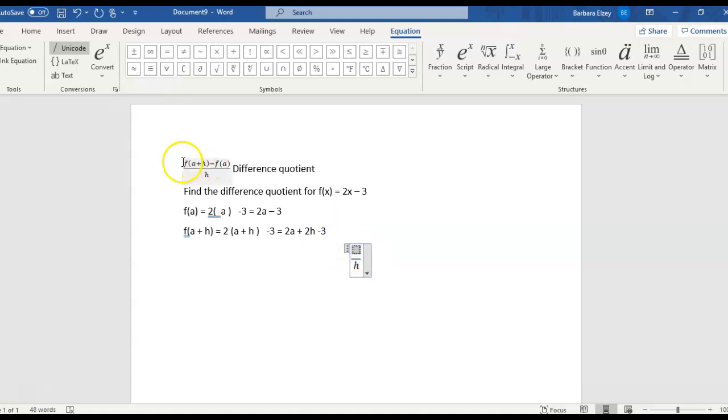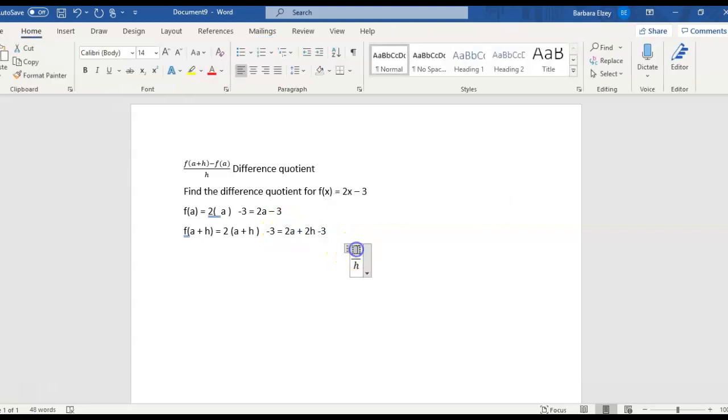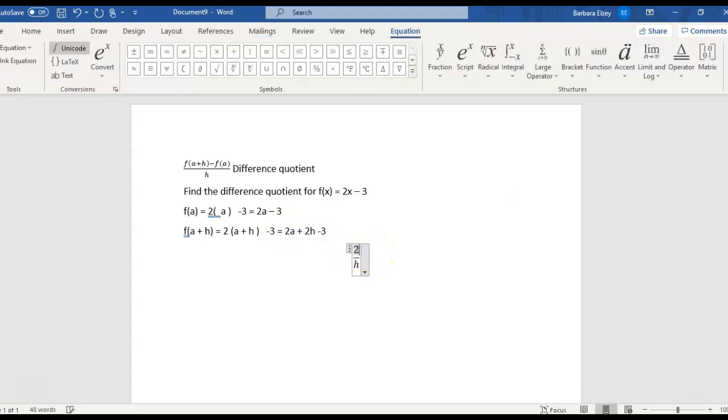But let's see, the first part is f of a plus h. So here was our answer right here to f of a plus h. Let's take that and put that right here, 2a plus 2h minus 3. Now notice the formula has a minus sign, so I'm going to put a minus sign. And then I want f of a.